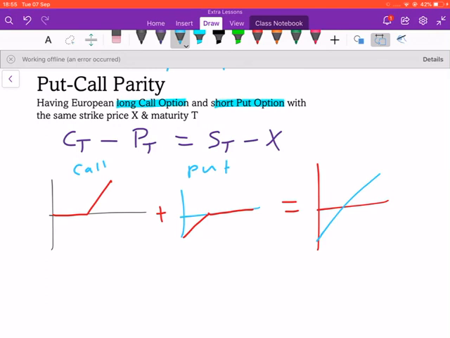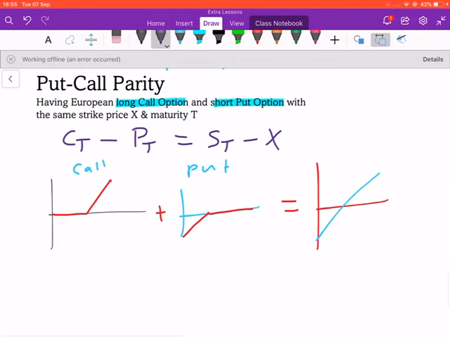So basically, this simply means that the price of a call at inception minus the price of a put at inception should be equal to the forward price. So the forward is going to be S_t minus X e^(-r(T-t)), where X is the strike price.